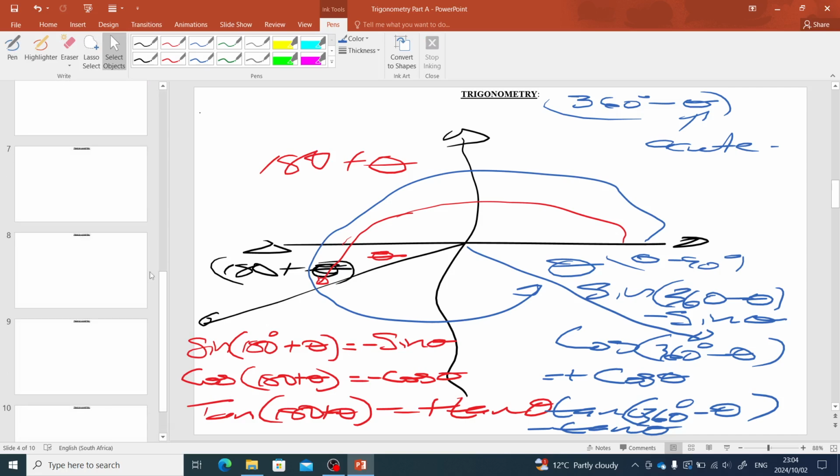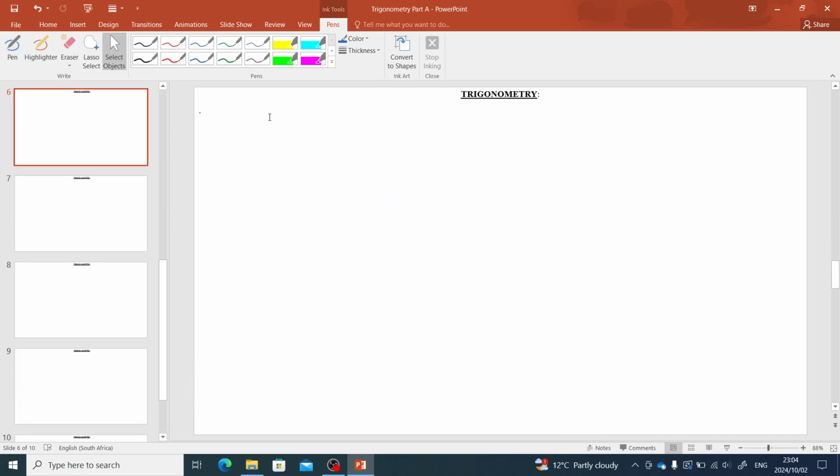Now, the whole idea of reduction, even the term itself explains itself. You are simply reducing.